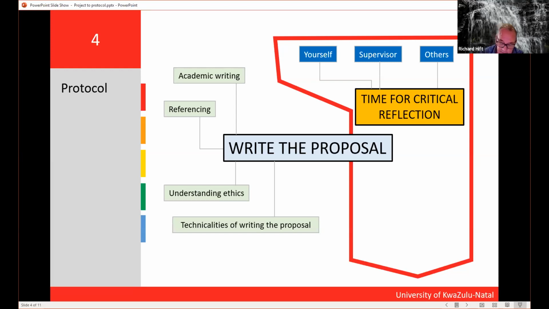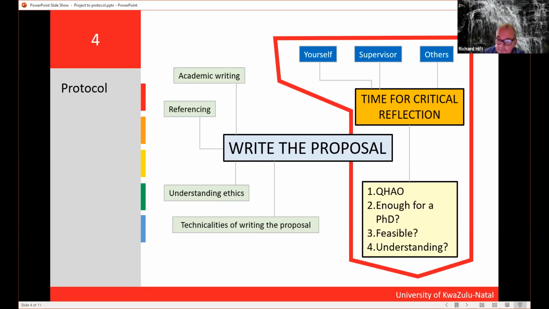I see some very worrying things come through in proposals at that level. And these are the sort of big things I'm talking about. My own abbreviations there: the question, the hypothesis, the aims, the objectives. I just cannot stress that enough.